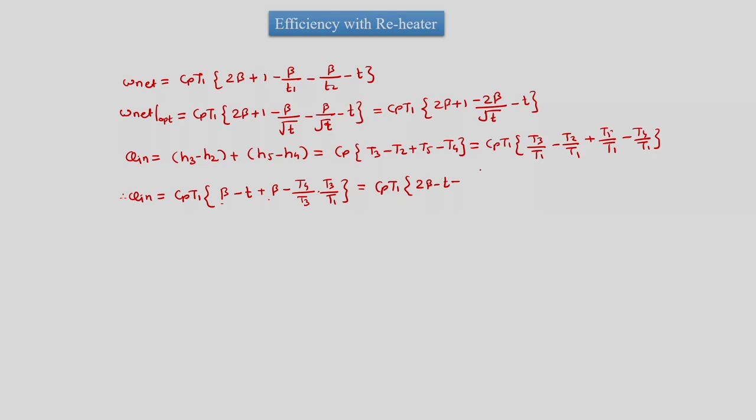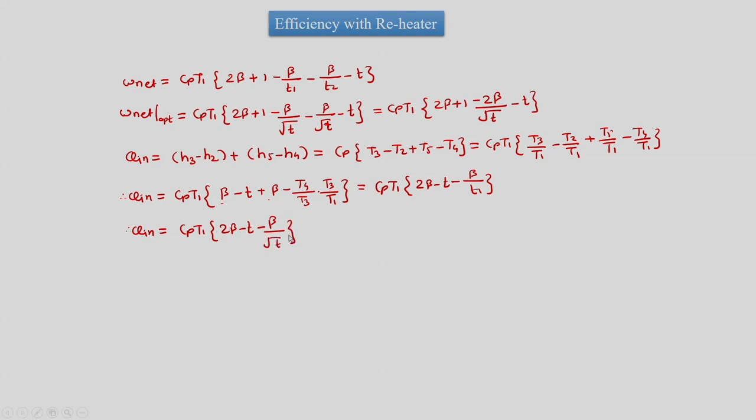So T4 by T3 is 1 upon T, so we have this as beta upon T, but we can replace it with the optimum case.